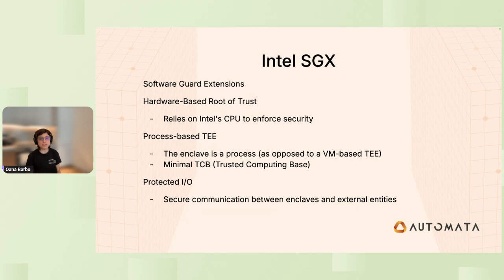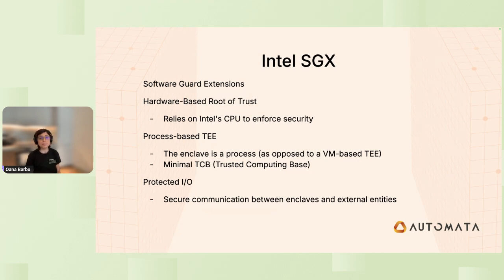And because SGX is a process-based TEE, it has a minimal TCB, trusted computing base, which basically is represented by the code that you want to execute in the enclave and the CPU. Whereas when you have a VM-based TEE, your TCB is the whole VM. That means your operating system and other applications that you run on top of it.